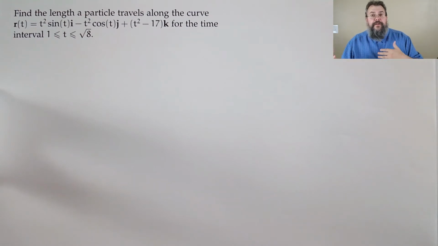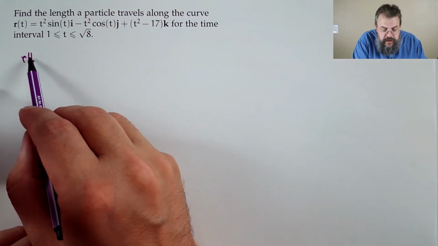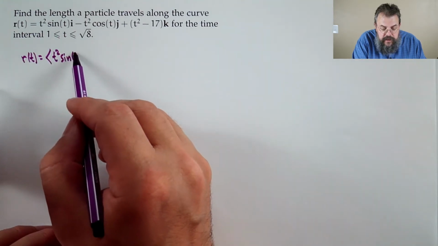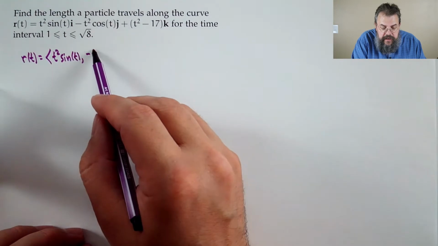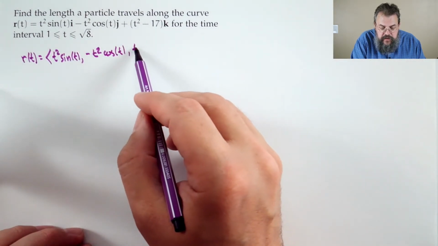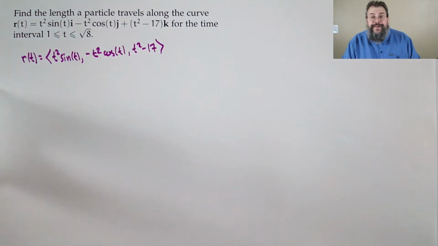So one of the things I'm going to do here at the start is put things into components. So another way I could have written this function is as t squared sine of t, comma, minus t squared cosine t, comma, and t squared minus 17. All right, so there we go.